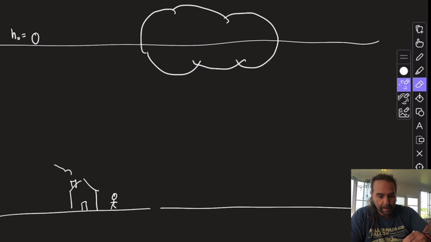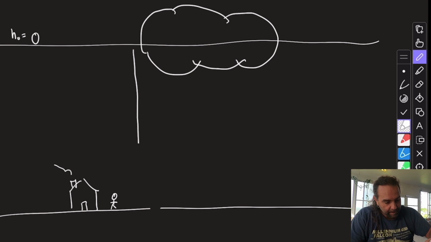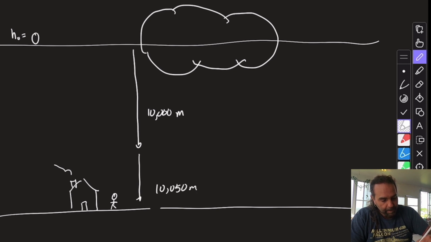Let's say that's 0. So let's say this distance is 10,000 meters, and here to here is 10,050 meters. This is negative 10,000 meters if that's 0, and this is negative 10,050 meters if that's the ground.